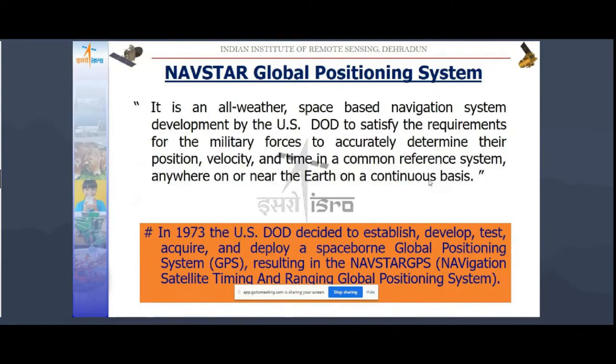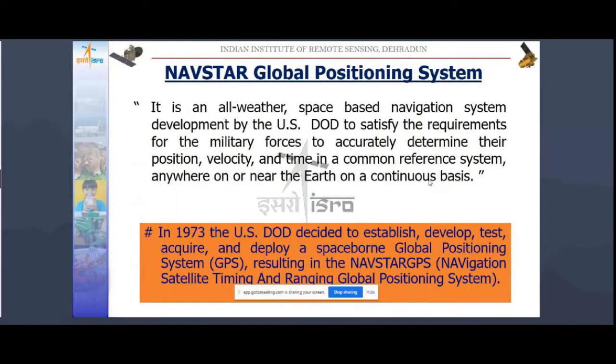First they wanted to use it just for military purposes, with precise information for their military forces only. But now we are also using this information for our daily uses or particular purposes.